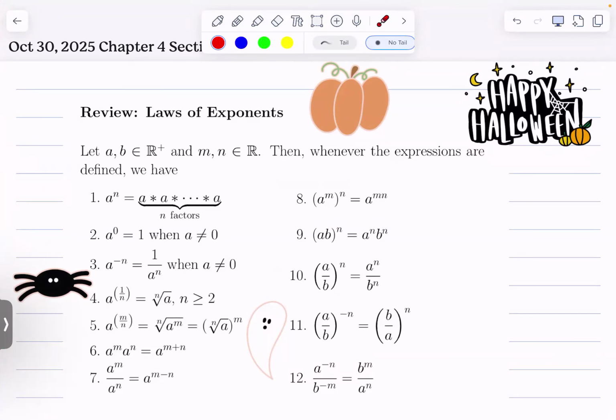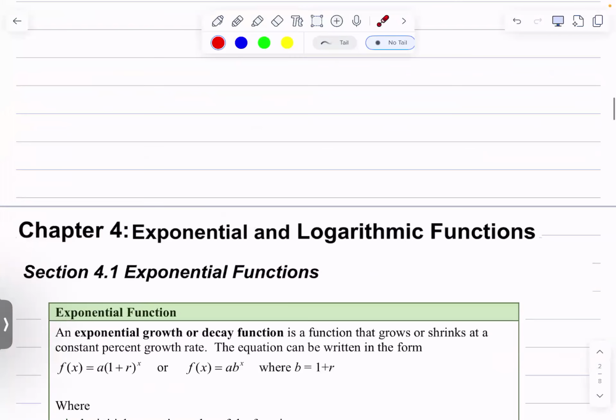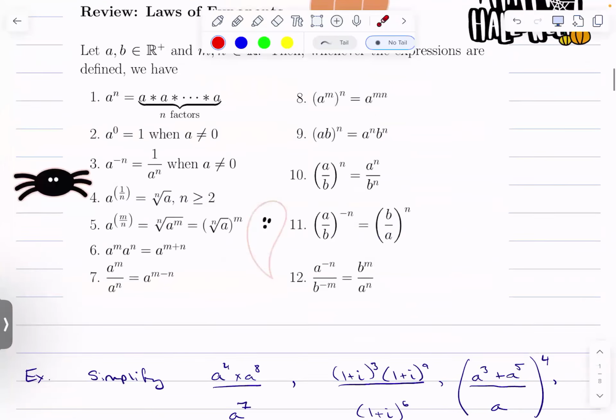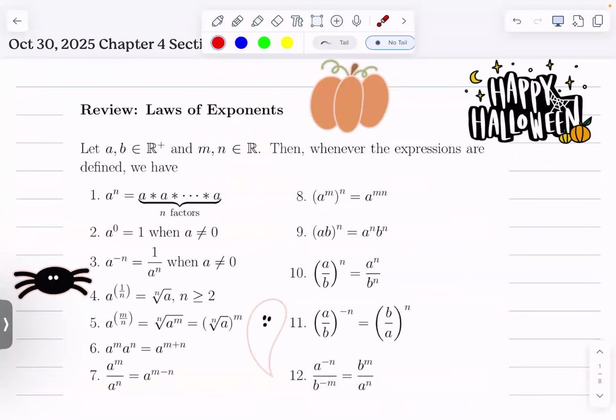That's important. We are starting a new chapter, not quite yet, because I want to review some exponent laws first. Okay? So laws of exponents, because we are going to spend this chapter working through exponential functions and logarithmic functions, which are basically kind of the reverse of exponential functions.